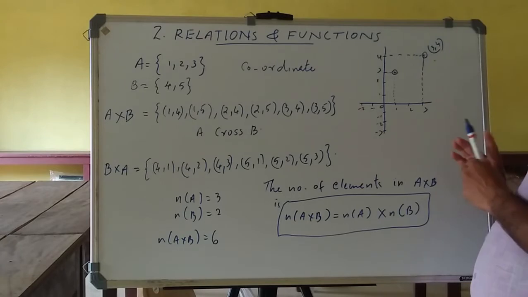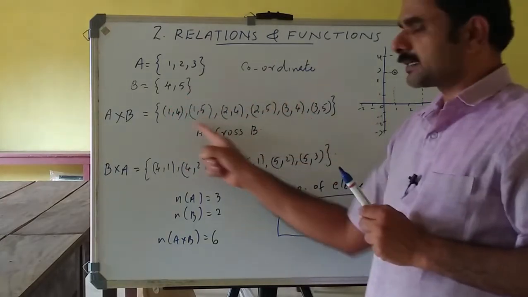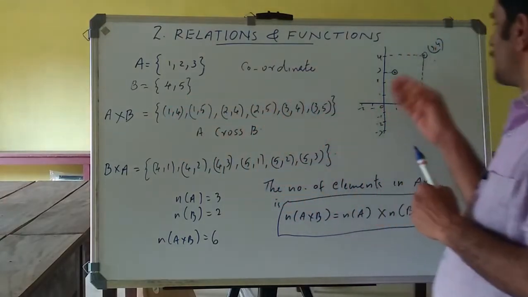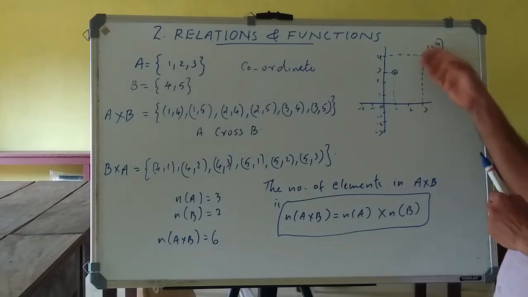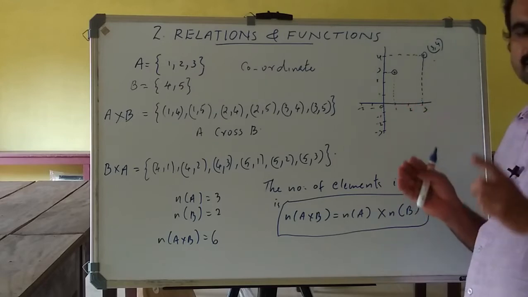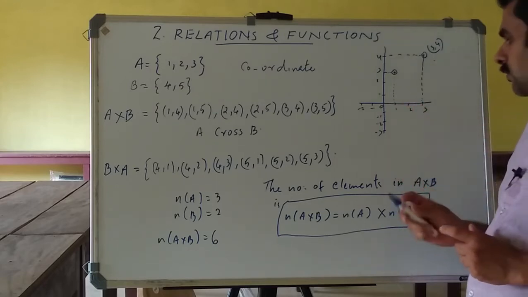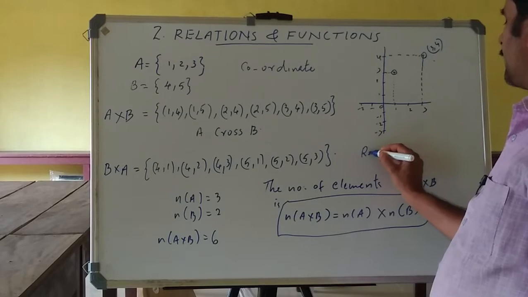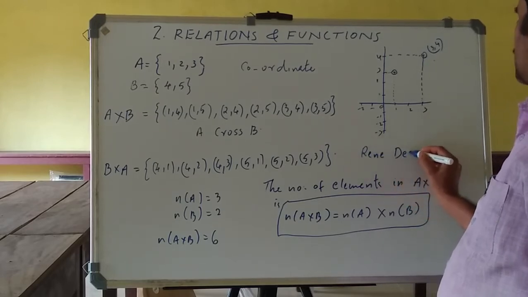Okay. So we use this type of expression for denoting particular points on a graph. This system was introduced by a French mathematician named René Descartes.